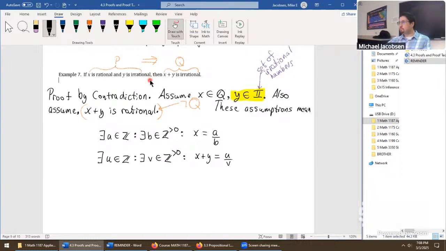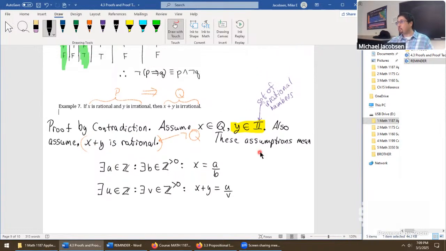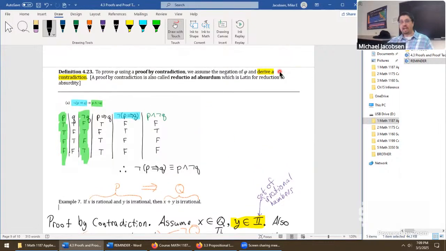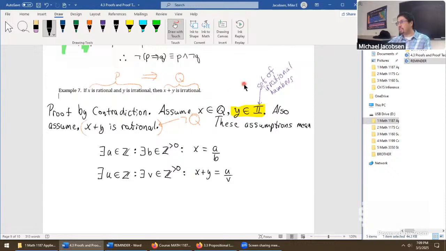But now let's look at our overall statement. X is rational, Y is irrational. We assume the negation of Q in a proof by contradiction. X plus Y is rational now. Well, there's nothing really to show. We assume that that's true. What we're doing now is deriving a contradiction. Somewhere in this problem, we've used up all this information, but there's a contradiction here.